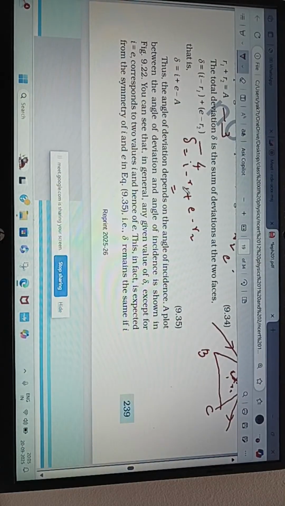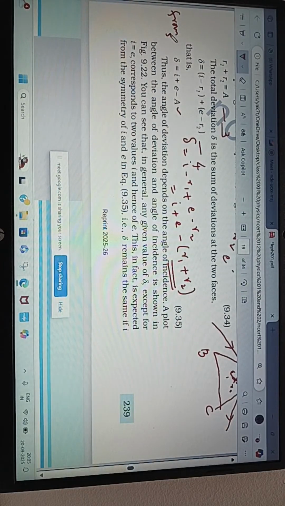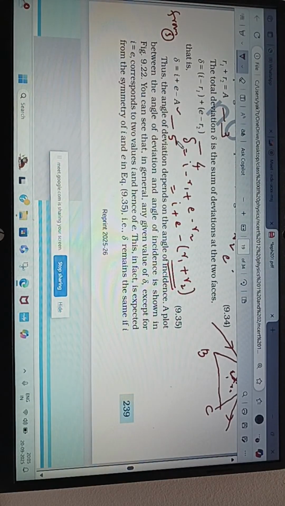So you will get I plus E minus, if I take, R1 plus R2 will come. Instead of R1 plus R2, what can you write? From the third equation. Okay, this is from the third equation. The fourth will become this. This is your fifth equation. You mark it. Yes. May I go next?